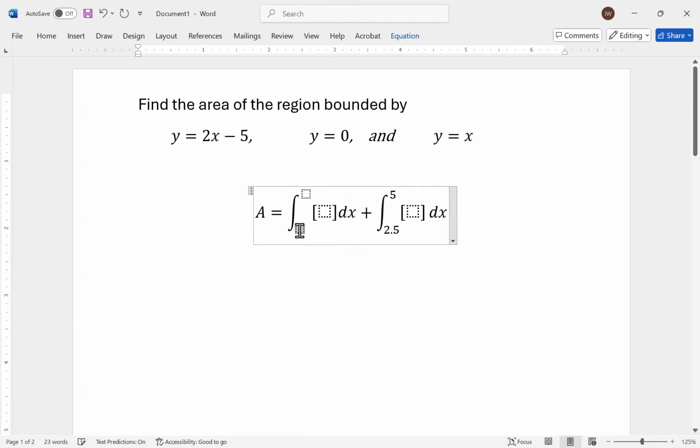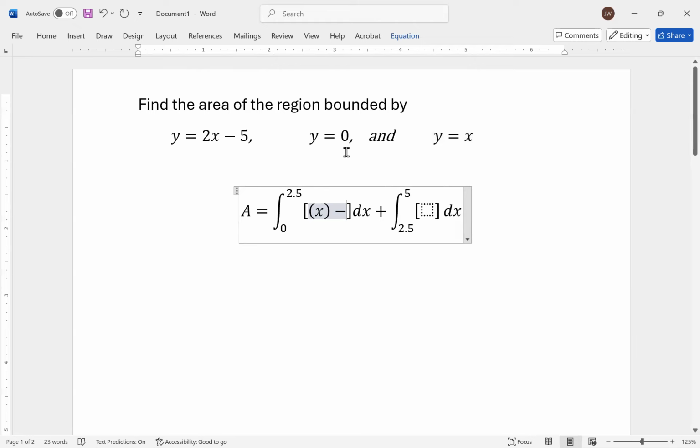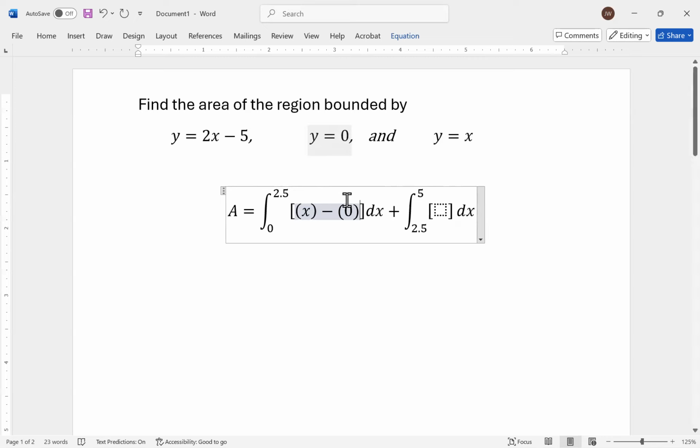One where I go from x value of 0 to x value of 2.5. In that section, y equals x is on top, so x is my expression there. And y equals 0 is on bottom, so I plug in the expression of 0 there.